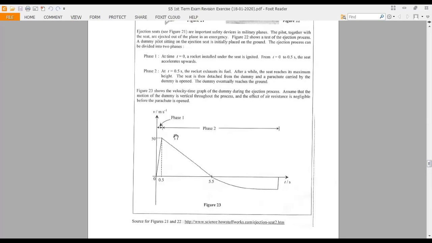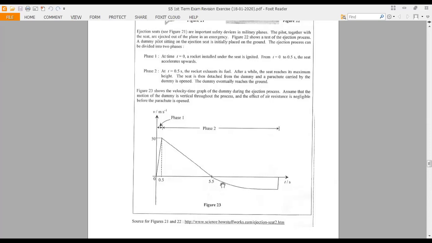There is a parachute. After a while, up to this point, it reached a maximum height. Can you get it? It will slow down gradually by the gravitational force, and then it would eventually come to a rest. So that is what the question is talking about.